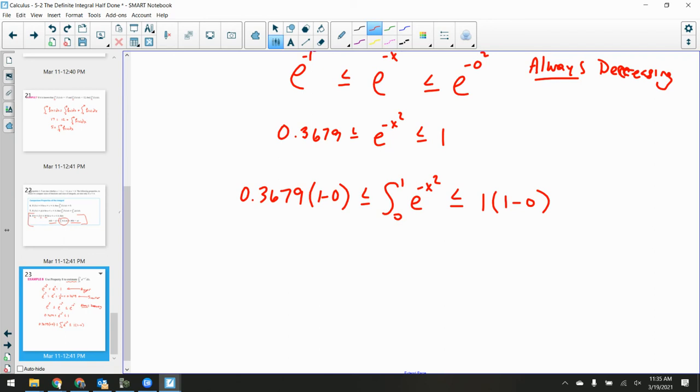Since this is 1 minus 0, just 1, between 0.3679 and 1 is an estimate for that area. See, it doesn't give me a very good range there, does it? It's like 0.63 away, right? That's not a very good estimate of that area, but it is an estimate. It does at least give me some idea of what the area is, okay?